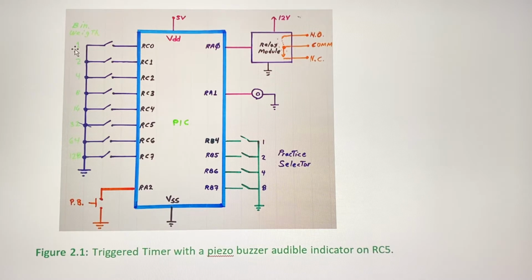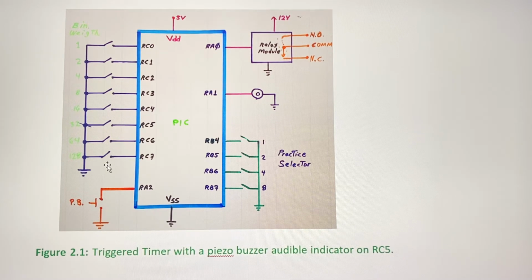So the binary weights are increasing by 2 to the n. So we have 1, 2, 4, 8, 16, 32, 64, and 128. If you close all of them at the same time, that will be 0.